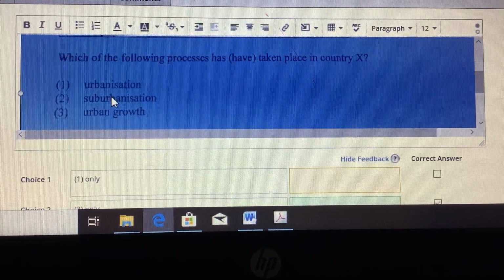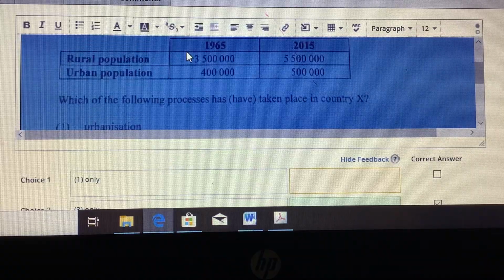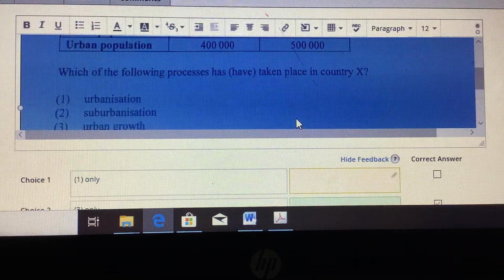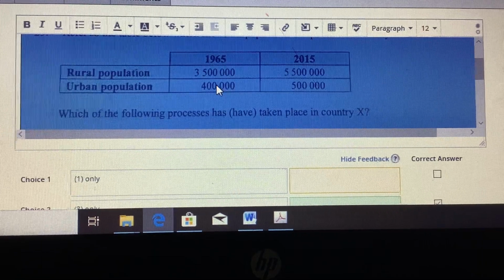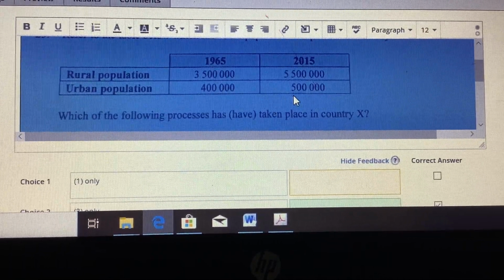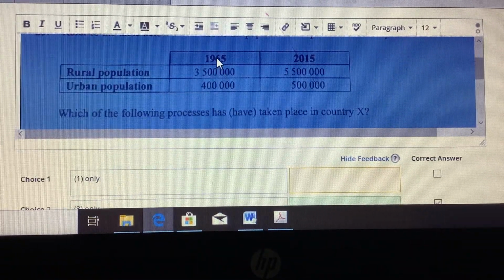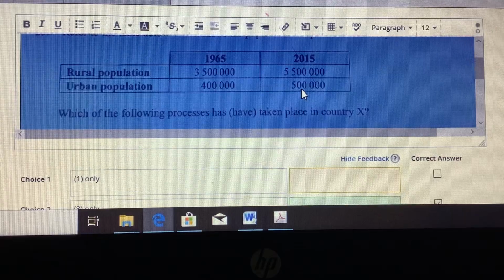How about suburbanization? Is it taking place? Not really. Some of you may argue that we have 400,000 in 1965 but for 2015 we have 500,000 more.